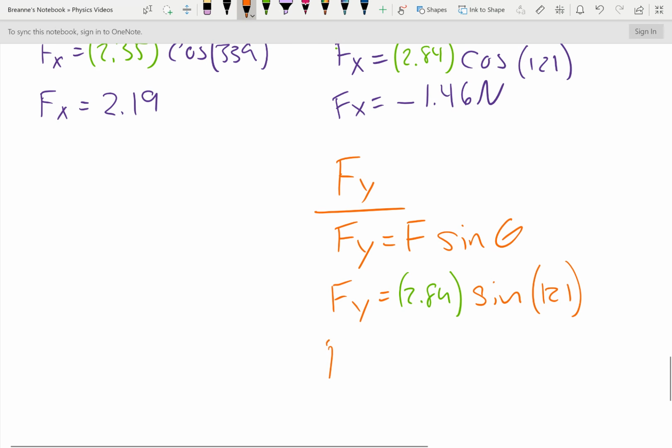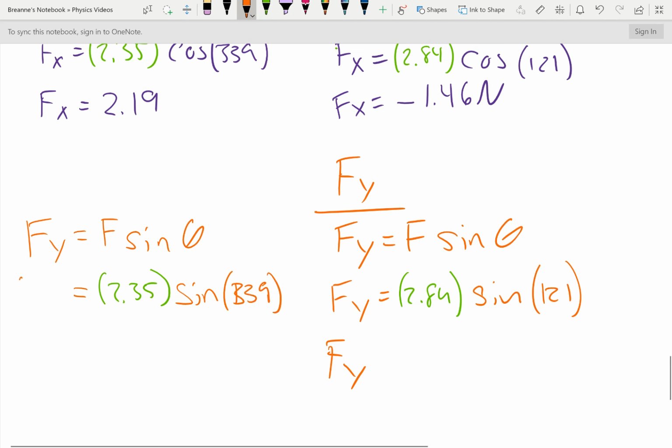You would plug that into your calculator. You do the same thing for the other one also. Sine of your angle, your force over here was 2.35, sine of your angle, which was 339. There's your force in the y. And let the calculator do the hard work for you.